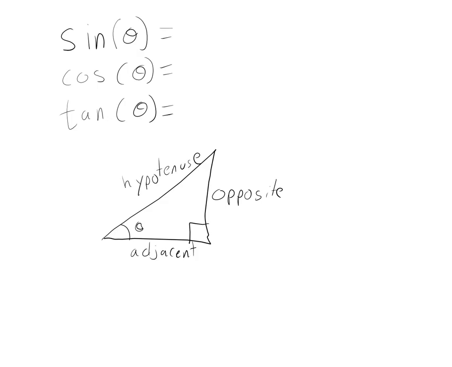So, clearly as I can be, the value of sine is going to be the value of the opposite side of theta divided by the hypotenuse value of the right triangle.